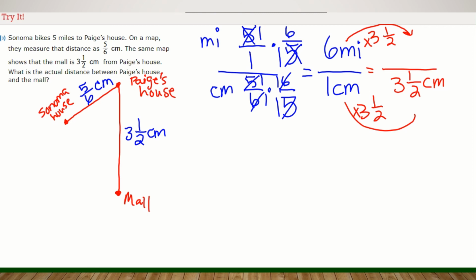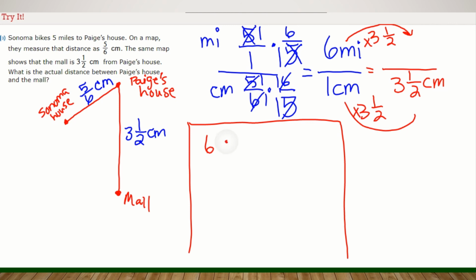Now I'm going to do my math down here. 6 times 3.5. Now when you're multiplying rational numbers, they have to be in the same form. So I'm going to convert both of them to fractions. 6 as a fraction is 6/1, and 3.5 as an improper fraction is 7/2.